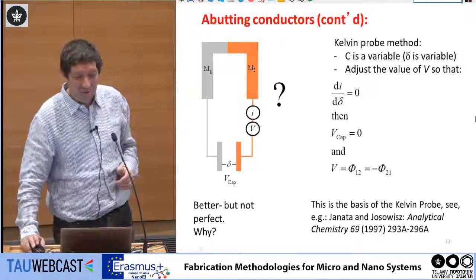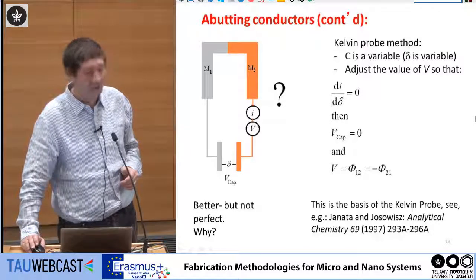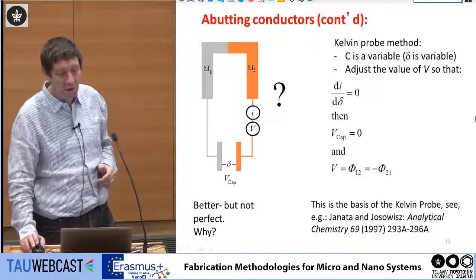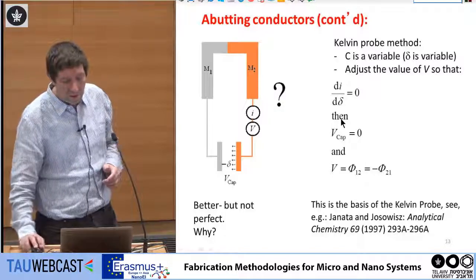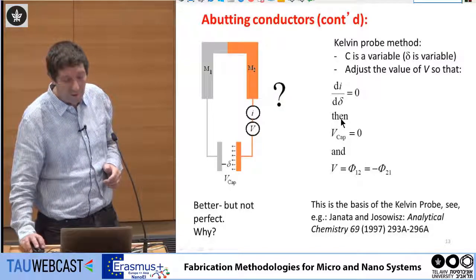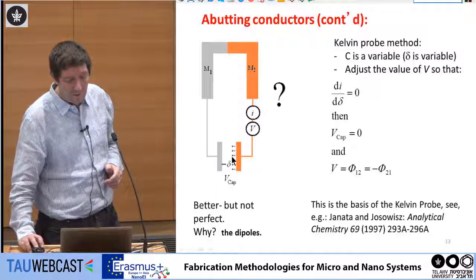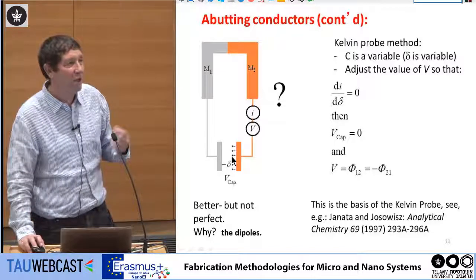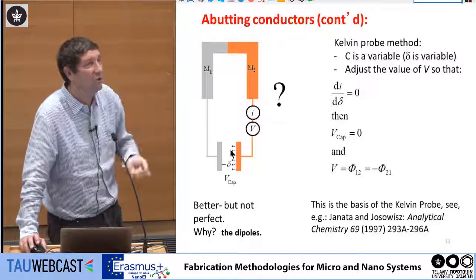The problem here is that I assume that the charge here is fixed. I neglected surface charge. I assume that all the charge is just in the metal. I neglected that on these two electrodes there can be dipoles, which means, because there's a dipole, the dipole does not change the voltage much because it's infinite, but it changes the charge.